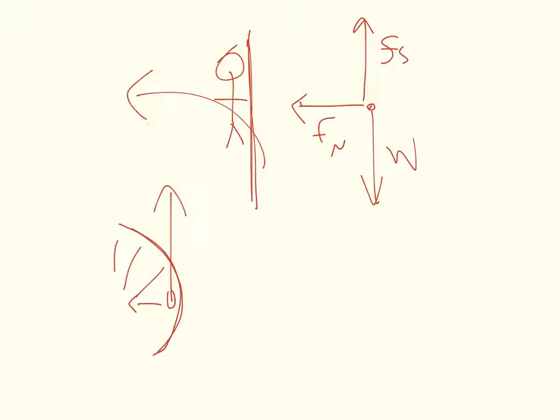Okay, so let's find the coefficient of friction required to make this work. Let's just solve for the amount of static friction. Okay, let's say that this circle has a radius of 10 meters, and let's say your velocity is maybe 7 meters per second.